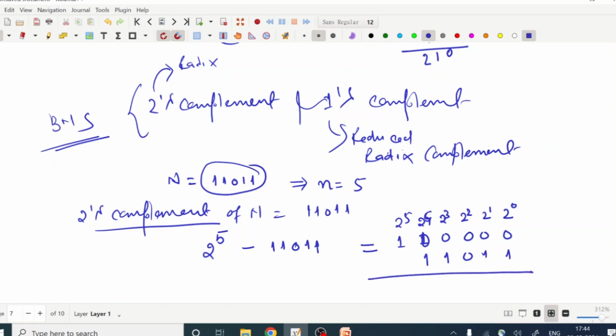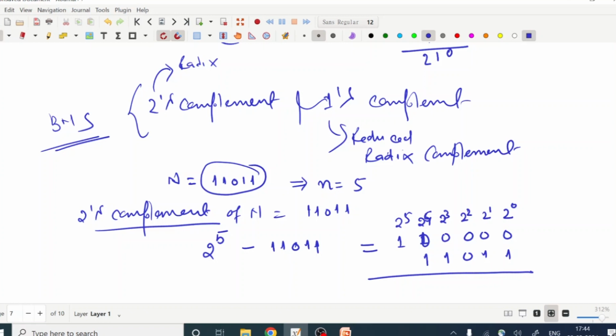Simply we subtract. We will discuss how we subtract. Subtraction is done by using complementation of a number. When we subtract, it is just like subtraction in the decimal number system. When the minuend digit is less than the subtrahend digit, we borrow 1 from the previous digit.